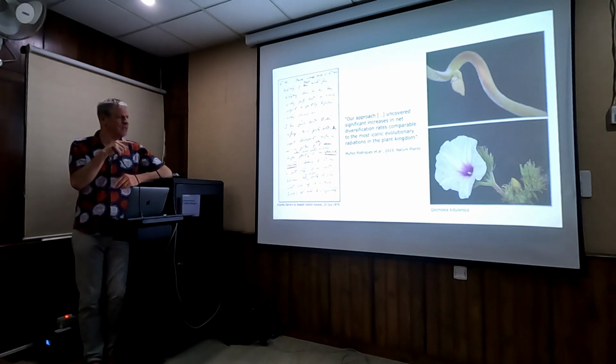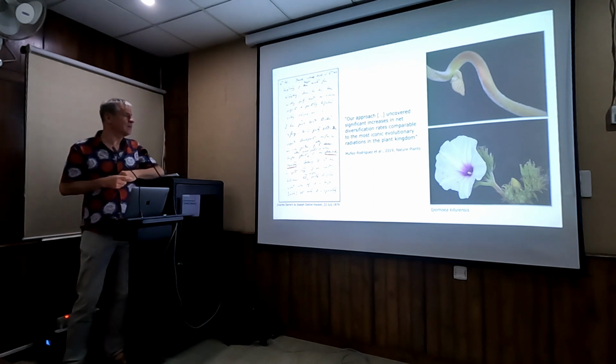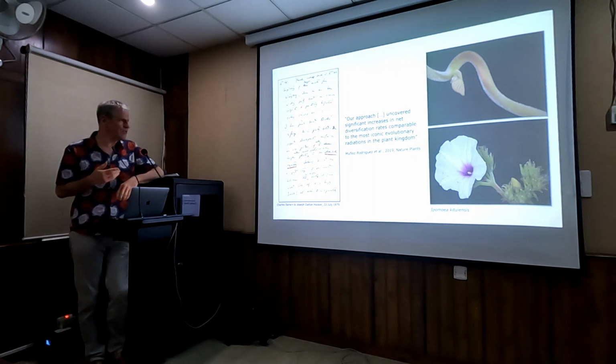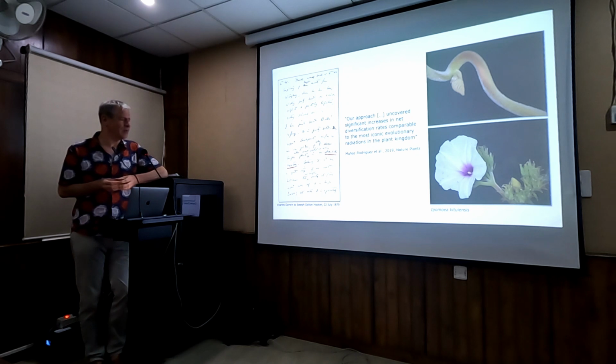And the authors say about the evolution of that genus that since the origin of Ipomoea there were significant increases in net diversification rates comparable to the most iconic evolutionary radiations in the plant kingdom. So even Ipomoea is a radiation.